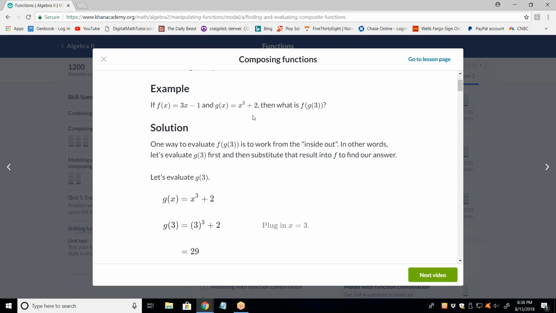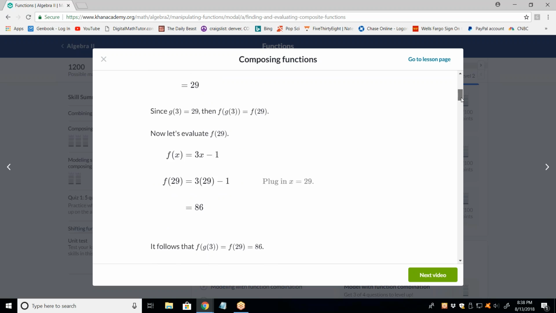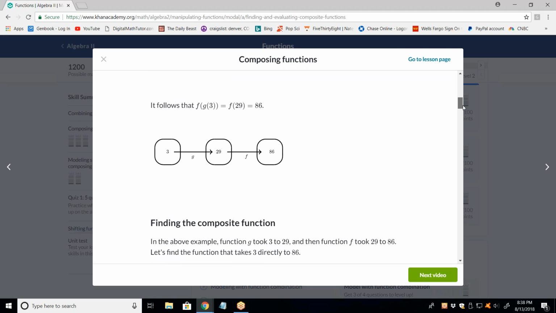So they're saying, what's f of 29? If we look at the f function. Okay, so f of 29 is 86. Correct. And they go through that logic for you.